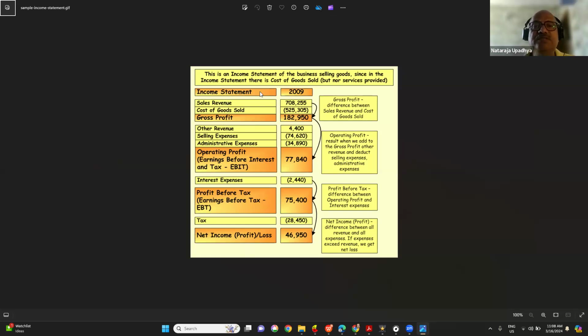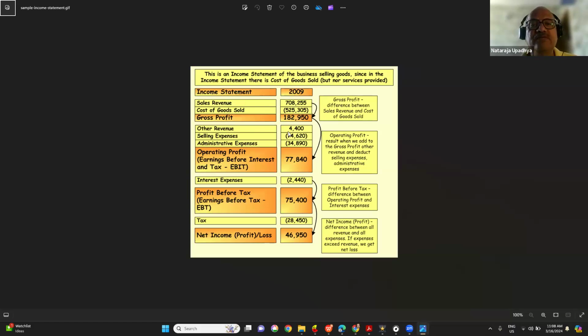So if you notice, the income comes through sales, then there is a cost of goods sold, right? For example, if you are a grocery store owner, you buy a pencil for 15 rupees, and if you sell that pencil for 25 rupees, your sales revenue is 25 rupees, your cost of goods sold is 15, so your gross profit is 10 rupees, right?